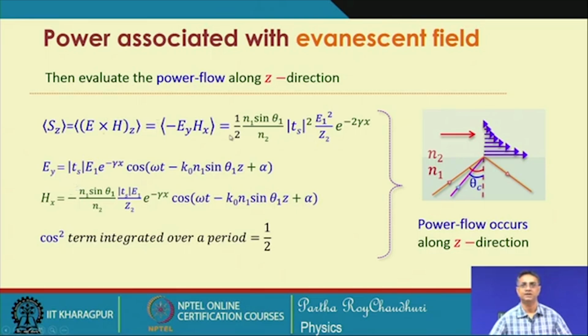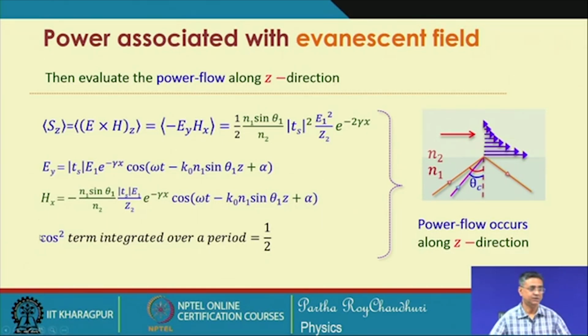So, we can see that there is a net power flow along the interface, outside the interface, along the z direction, the direction along which it is moving.